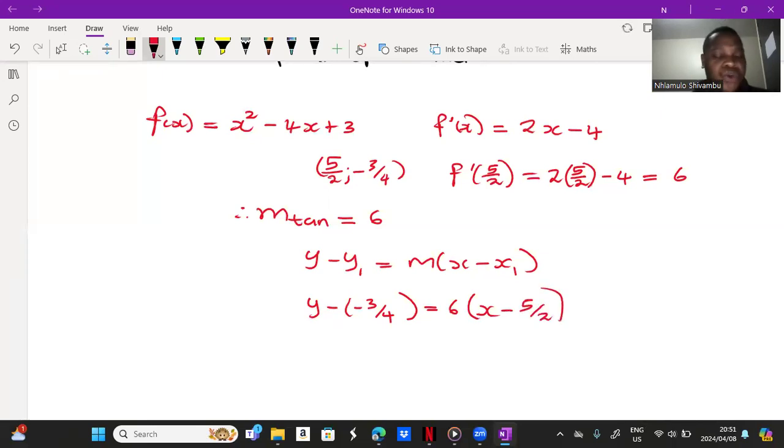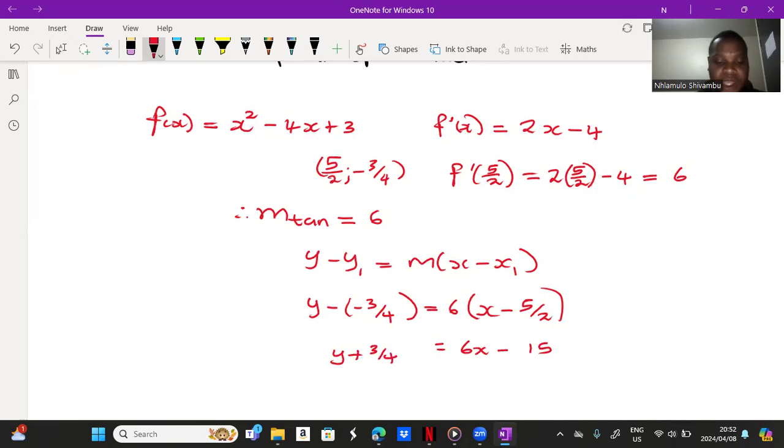Then we're going to simplify this. On the right hand side of the equation, we're going to have 6x minus 15, and on the left hand side, we're going to have y, negative times negative 3 over 4, which is plus 3 over 4.